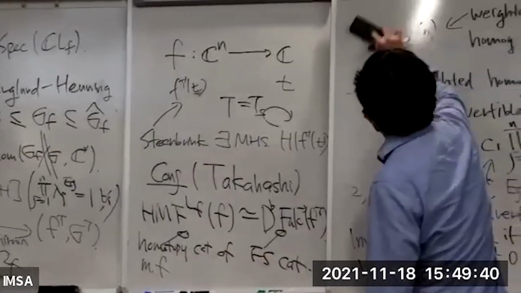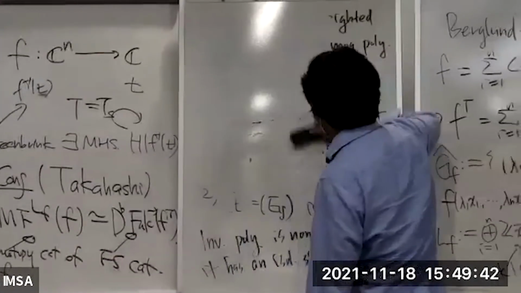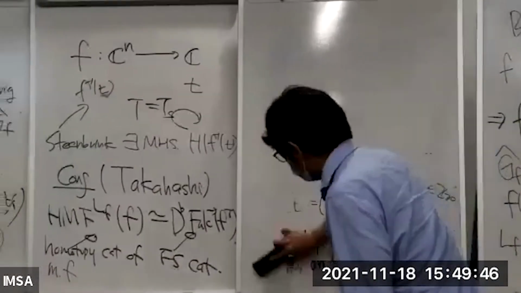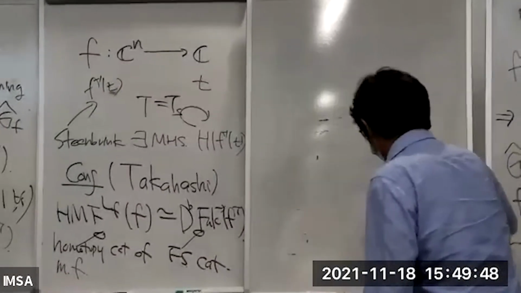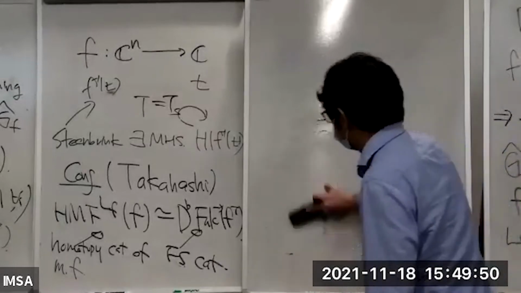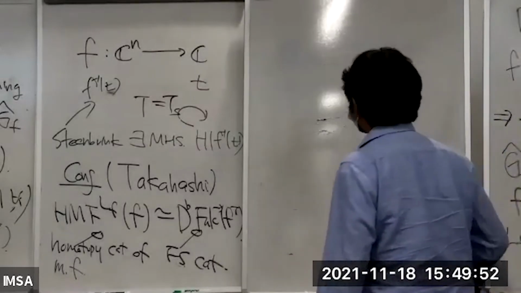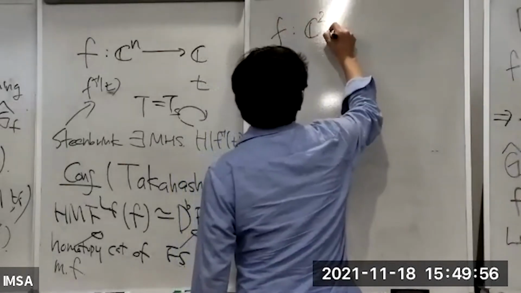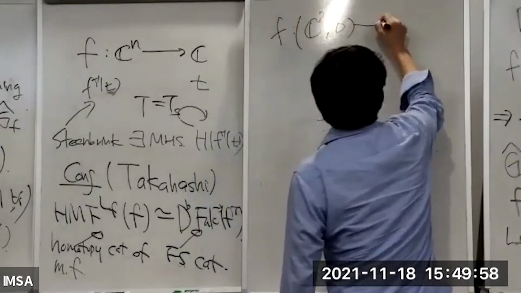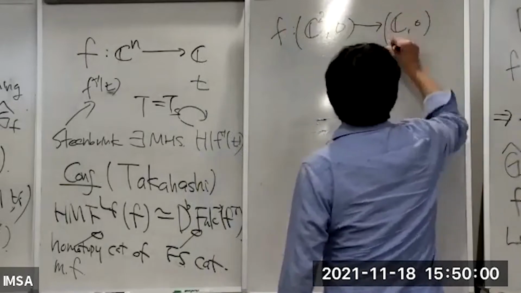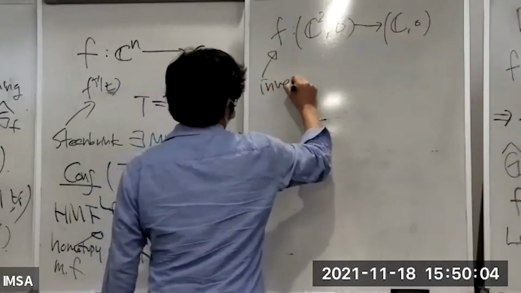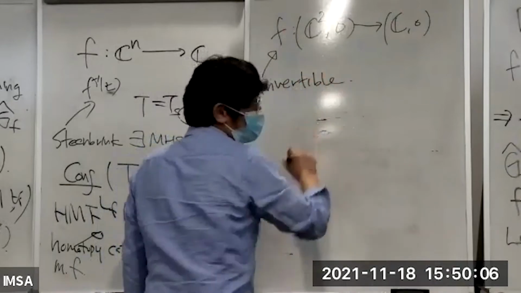What we want to do is combine these two things. As I told you, when f is a two-variable polynomial and is invertible, there are two stories.